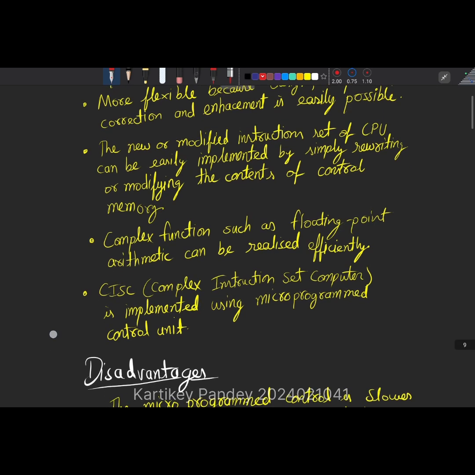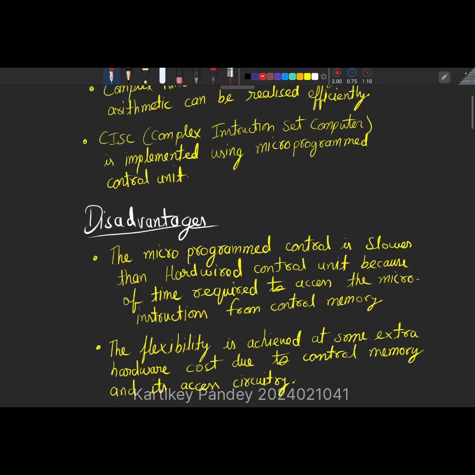Now let's move to the disadvantages of the microprogram control unit. One of the first disadvantages is that it is slow compared to the hardware control unit because it requires time to access the micro instructions from the control memory. And there was no control memory in the hardware control unit, therefore it was faster.